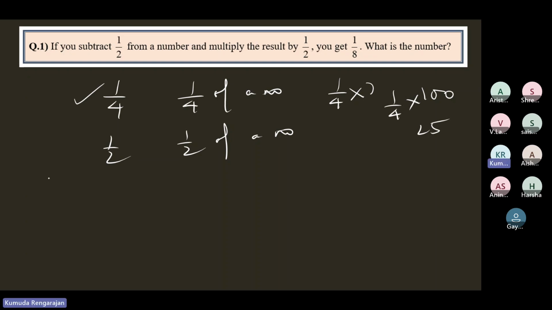But in certain places it will be 1/4 itself, the value 1/4 itself. The value 1/4 is different from 1/4 of something. 1/4 of 40 is 10, it's not 1/4. But 1/4 itself means 0.25. You all understand? Half of half is 1/4.